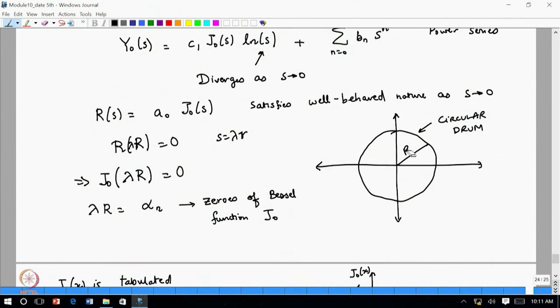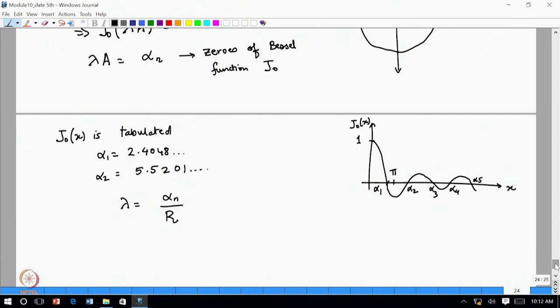The radius I will put as capital A, so as not to confuse with this capital R. I will just call it capital A everywhere. That is the radius of your drum. And so lambda has to be the zero of the Bessel function, that is 2.4048 divided by capital A, or it can be 5.5201 divided by capital A.